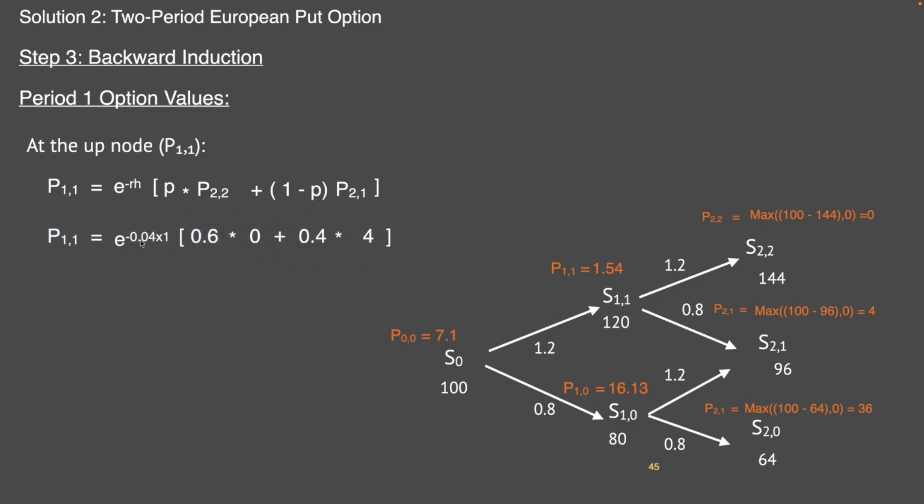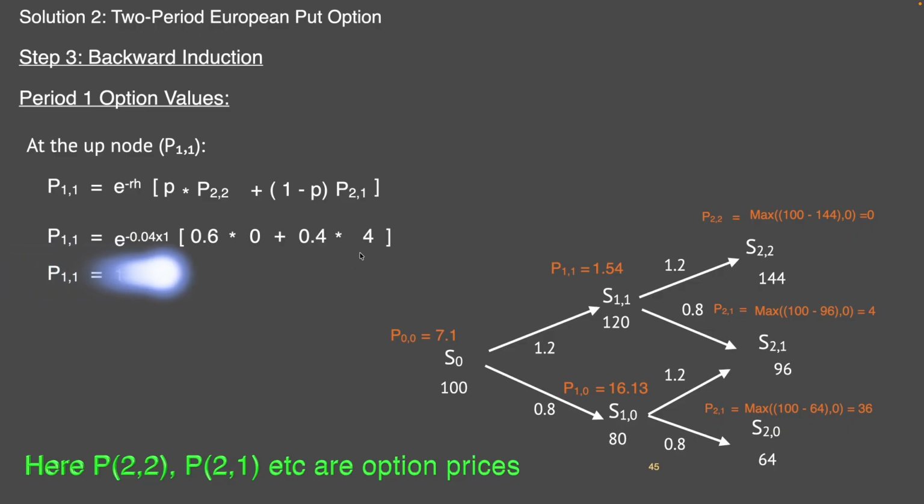E to the power of minus 0.04 into 1 into 0.6, that is the risk neutral probability P which we calculated as 0.6, into what is the value of P22 here? It is 0. So the value of P22 is 0, plus 1 minus P, which is 1 minus 0.6 is 0.4, into what is the value of P21 here? The value of P21 is 4. So you get P11 as 1.54.